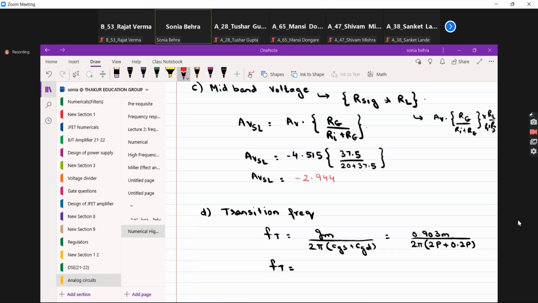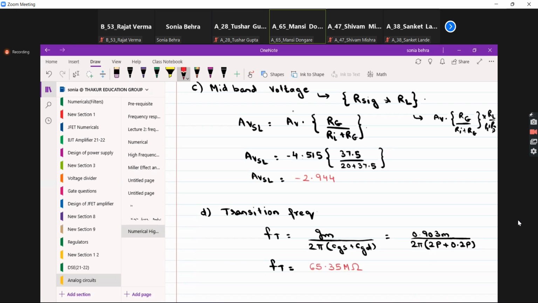Yes Tushar, Shruti. Rishabh, please check. So your answer is coming out to be 65.35 mega ohms. Okay, this was all about your high frequency response.